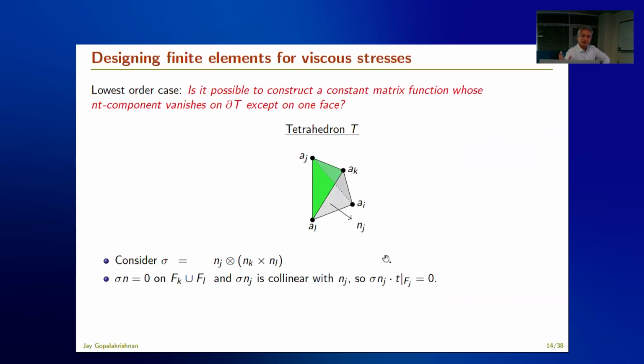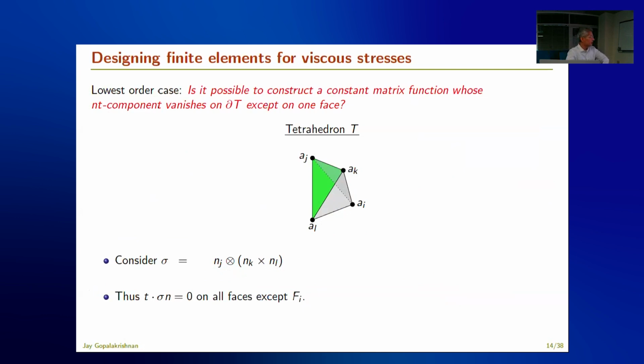So there are constant matrix fields which have normal-tangential component 0 on all faces except one. Now you take the deviatoric part of this. The deviatoric part turns out not to change the normal component. So this is now a traceless matrix field with 0 normal-tangential component on three faces and non-zero on one.